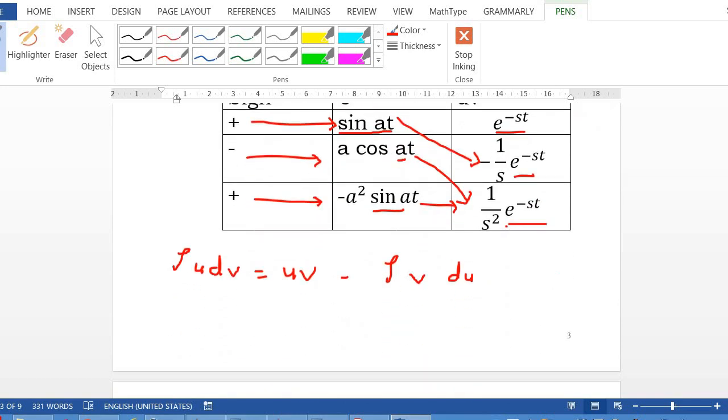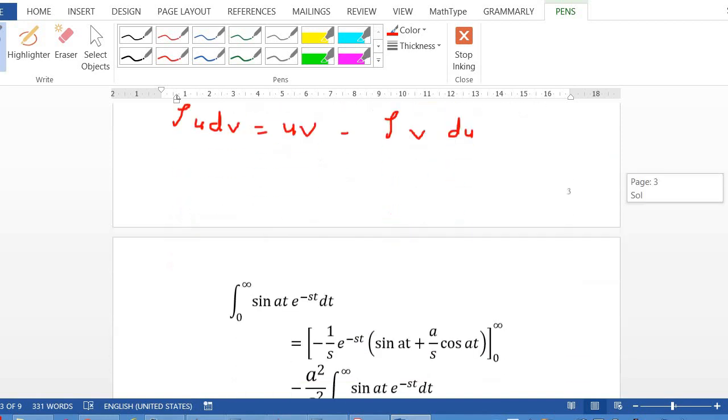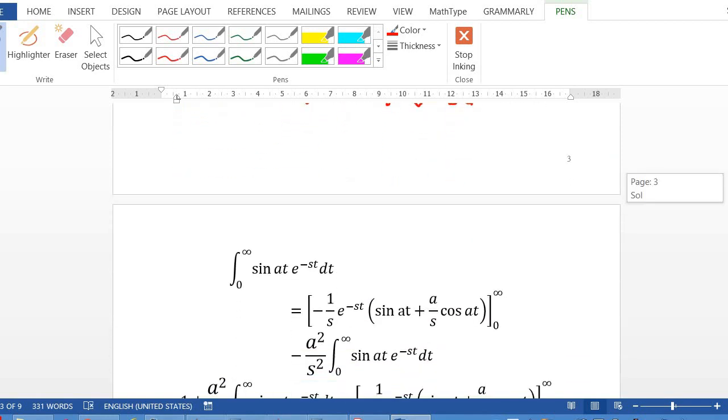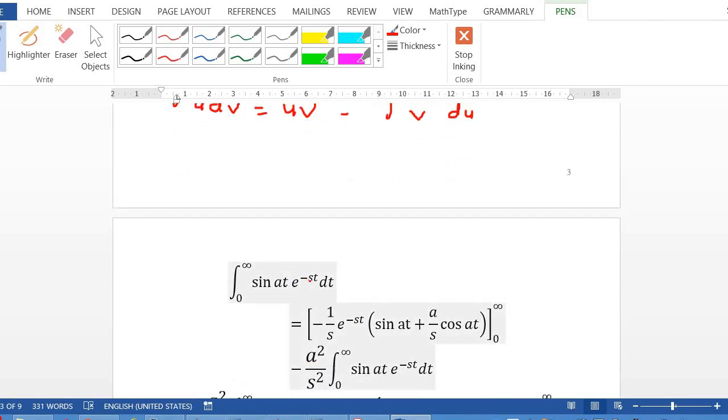Hence we have here the integral of sin at e to the negative st dt from 0 to infinity.